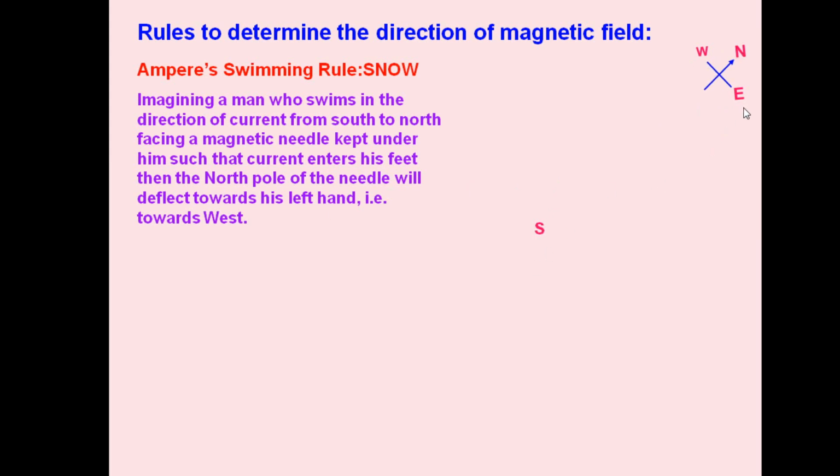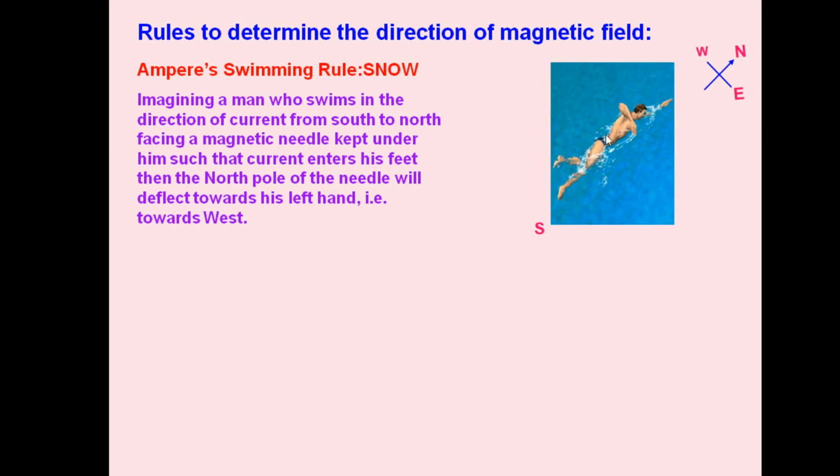We all know east is the right hand side, west the left side, north upside, and south downside. So if a person is swimming in such a way that current enters from south to north, from his feet to head, that's why S N, over west, the needle kept below him will deflect towards his left hand, that is towards west.